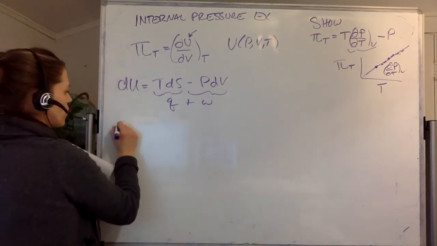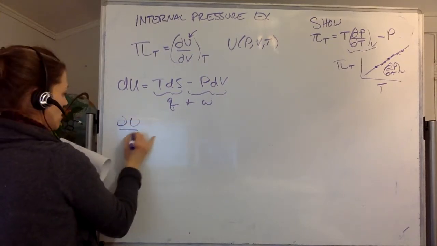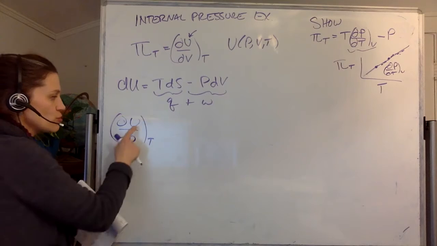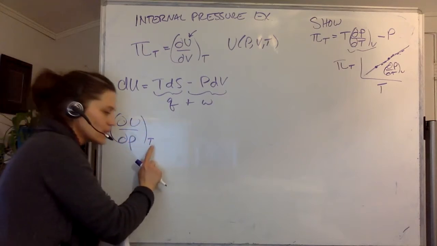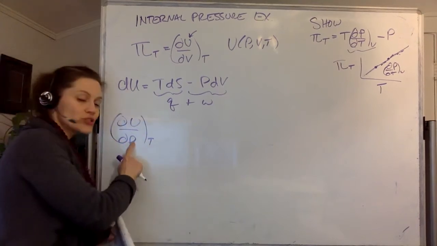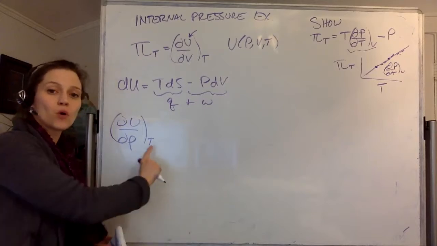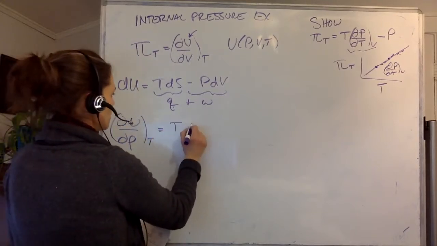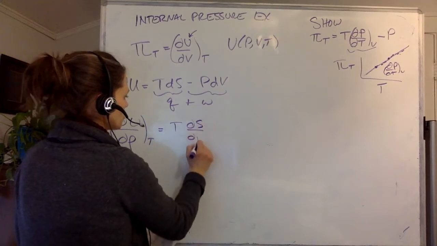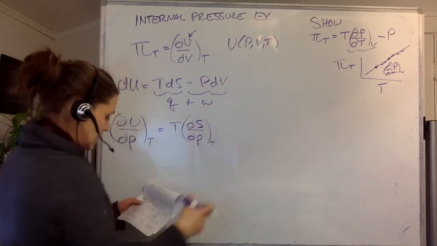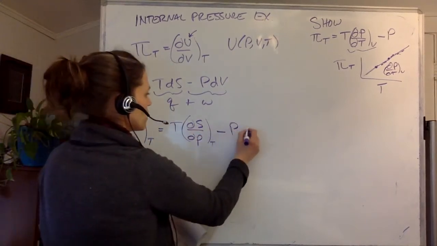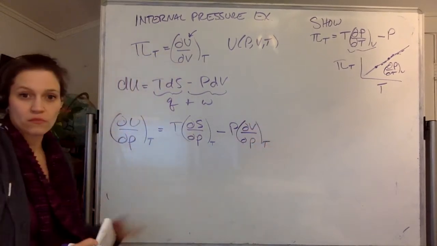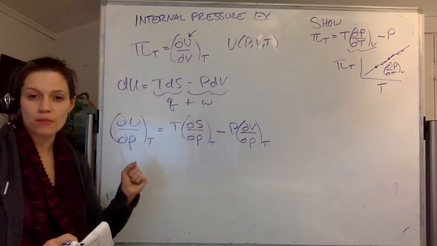Okay, so partial U, partial P at constant T. It's a partial derivative and not a total derivative because I'm holding the temperature constant. Okay, so this is equal to T partial S partial P at constant T minus P partial V partial P at constant T. Does everyone follow how I made this step to this step?